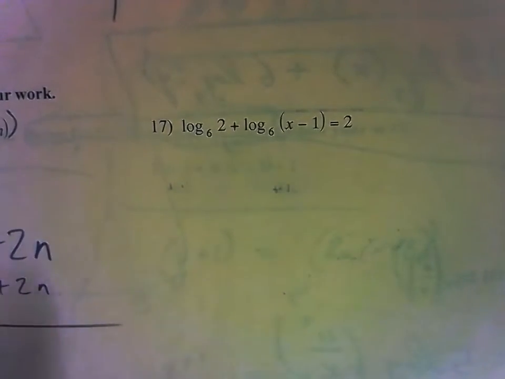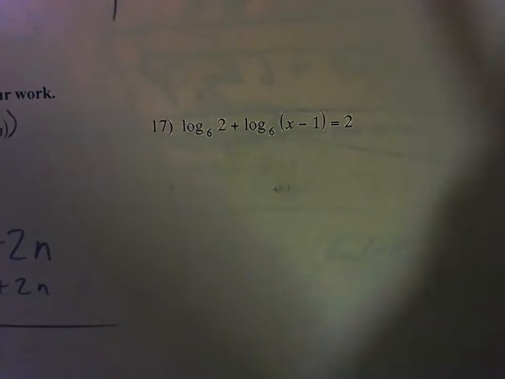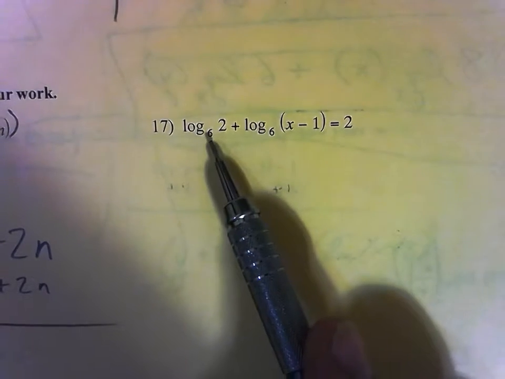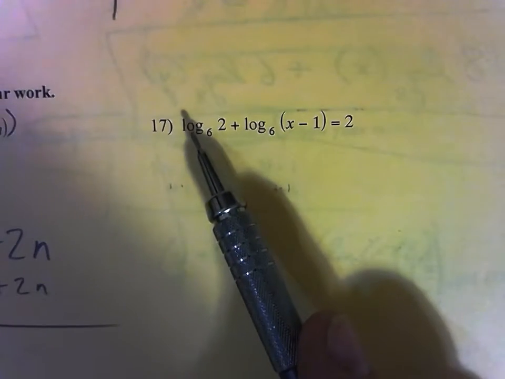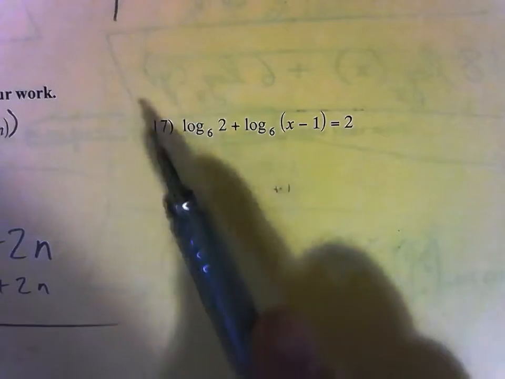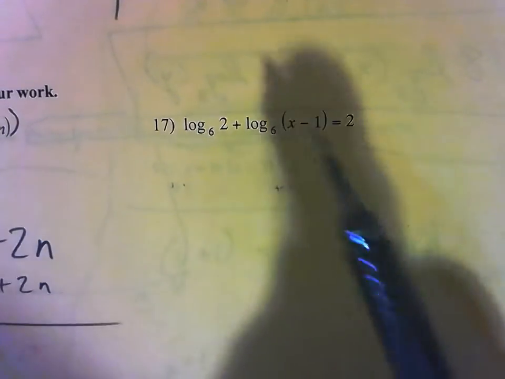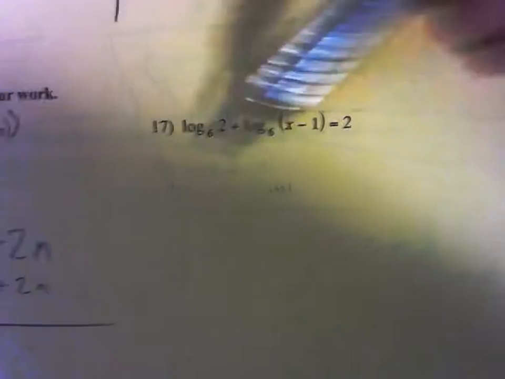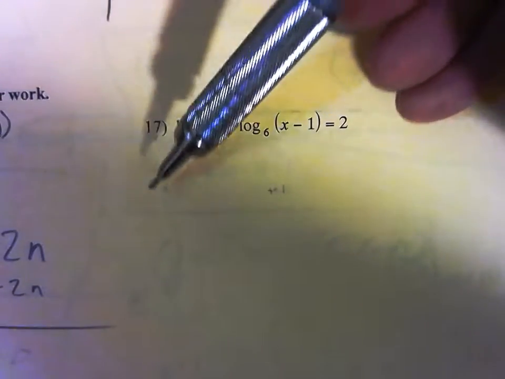Okay, number 17. To get rid of log base 6, we've got to do 6 to the power of it. But there's 2 logs being added together here, so we don't want a whole bunch of junk when we do 6 to the power.